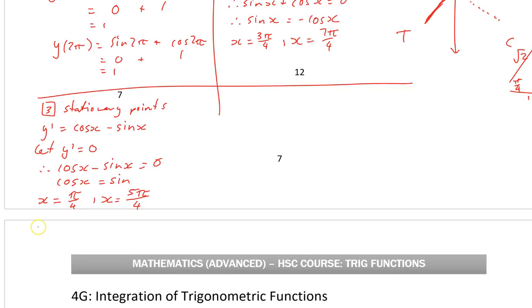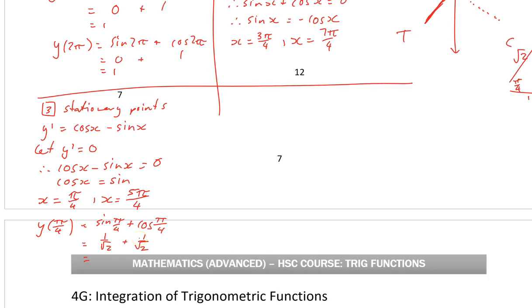So now I'm going to say the y of pi over 4. Right, substitute pi over 4 into my original function: the sine of pi over 4 plus the cos of pi over 4, which equals 1 on root 2 plus 1 on root 2, which equals 2 over root 2.